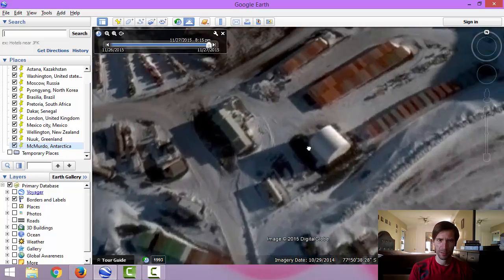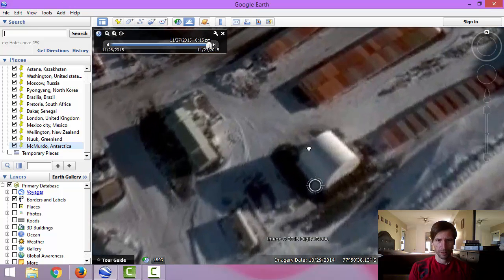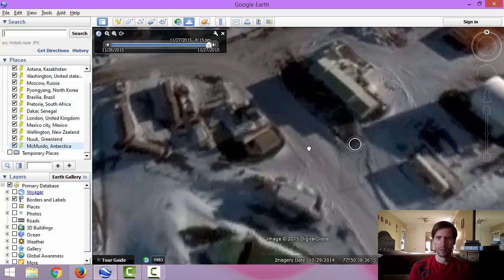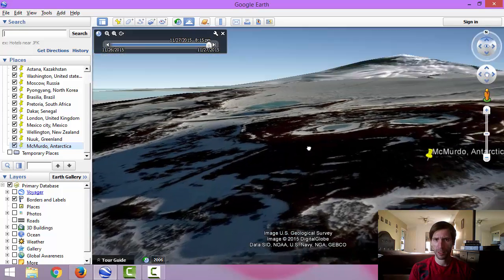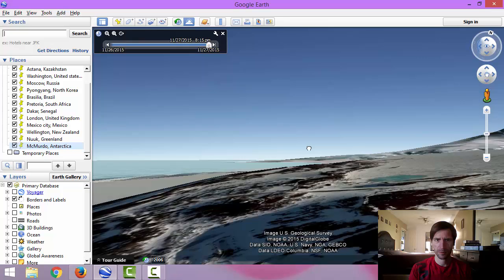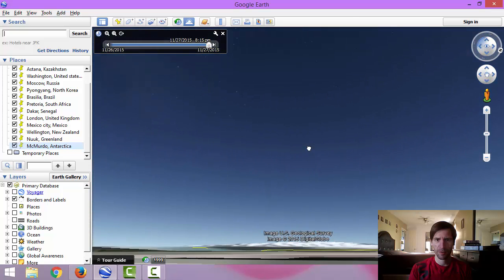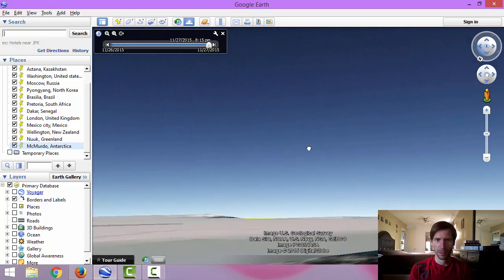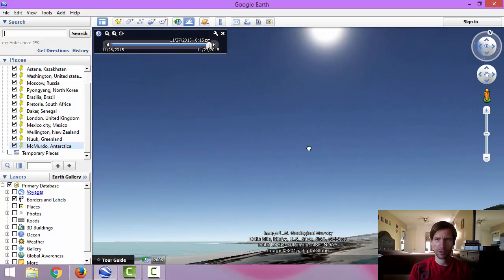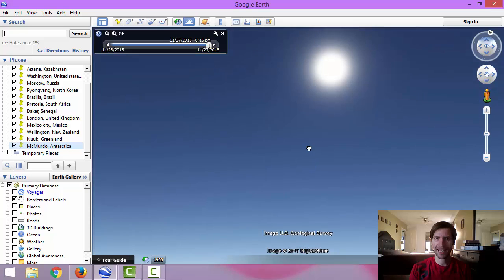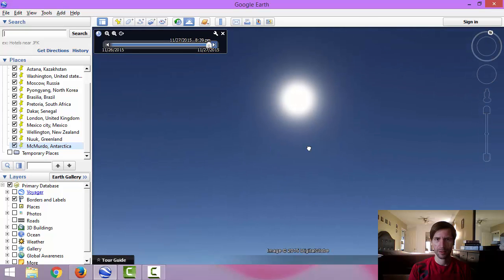Doesn't look like a village, but what do I know? Okay, so let's look it up. All right, where's the sun? See, it's 8:15. Okay, there's the sun. All right, let's track it. Okay, 8:39.